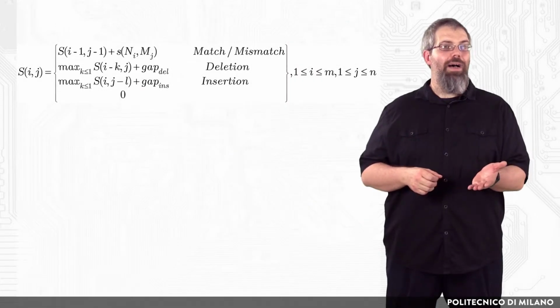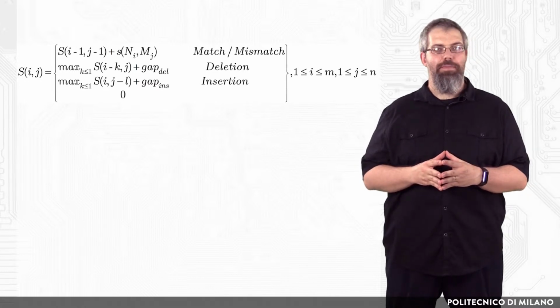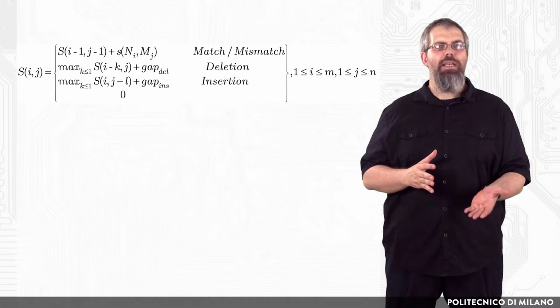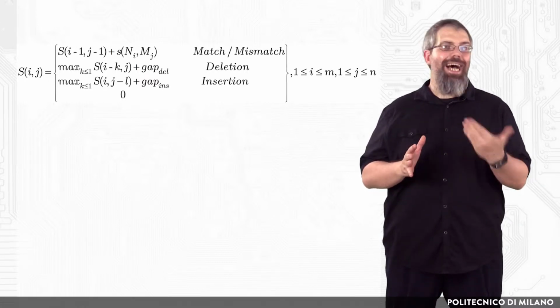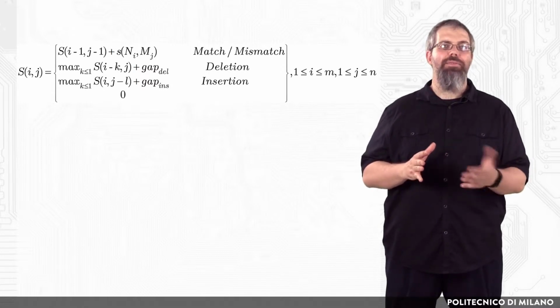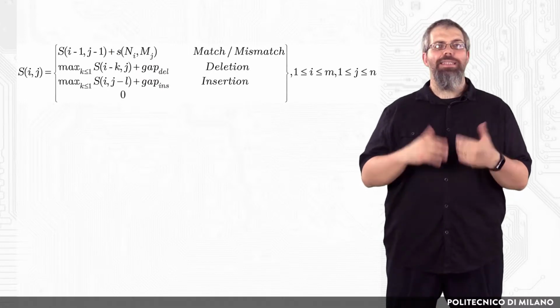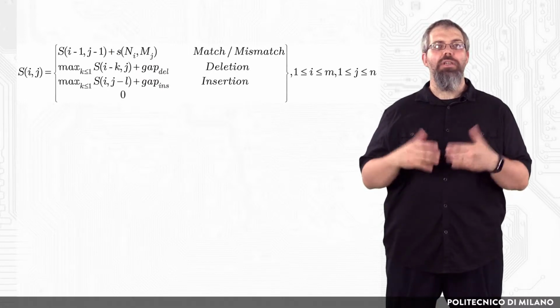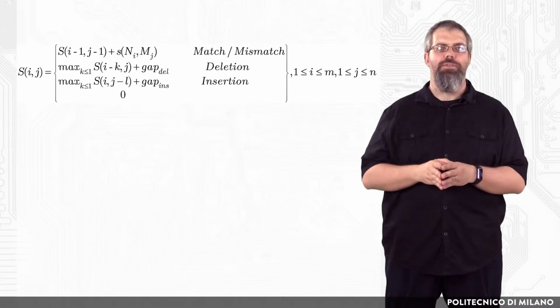Each element of the similarity matrix is populated by using the relation presented in the following formula, where capital S is used to identify the similarity matrix. Capital S_ij is the ij element in the similarity matrix. s(n_i, m_j) represents the similarity function over the two characters n_i and m_j. Gap_del is the gap scoring value in case of deletion, and finally, gap_ins is the gap scoring value in case of an insertion.